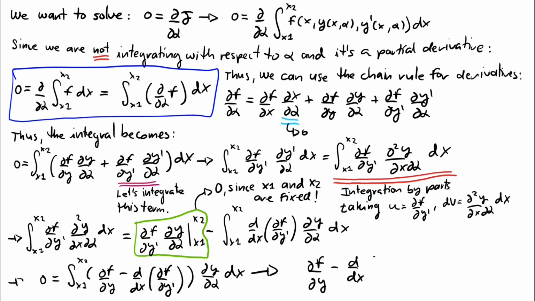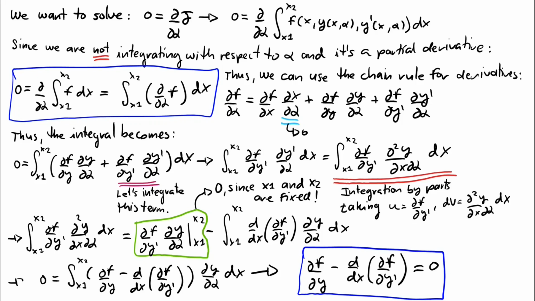We will not formally justify the reason, but it can be seen why this is the case. Thus, the differential equation to find the appropriate optimized function y of x is given by this final expression. It is important to notice that this procedure gives a formula to solve for y of x, not f of x or f of y or something of the sort.